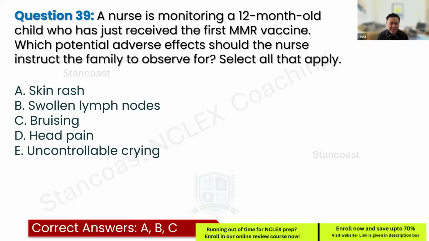Now, if you select the letter D, this is incorrect because headaches are more commonly associated with the influenza vaccine rather than the MMR. And letter E is also incorrect. Uncontrollable crying is more often observed after the DTaP vaccine, not MMR.